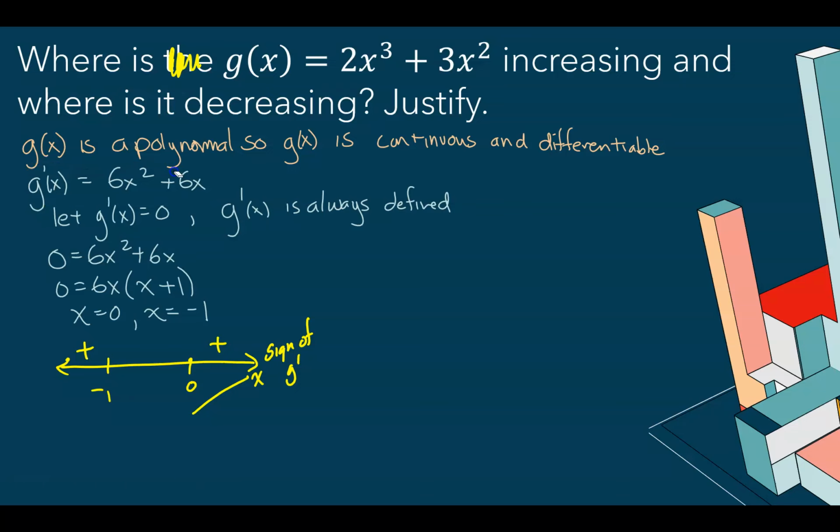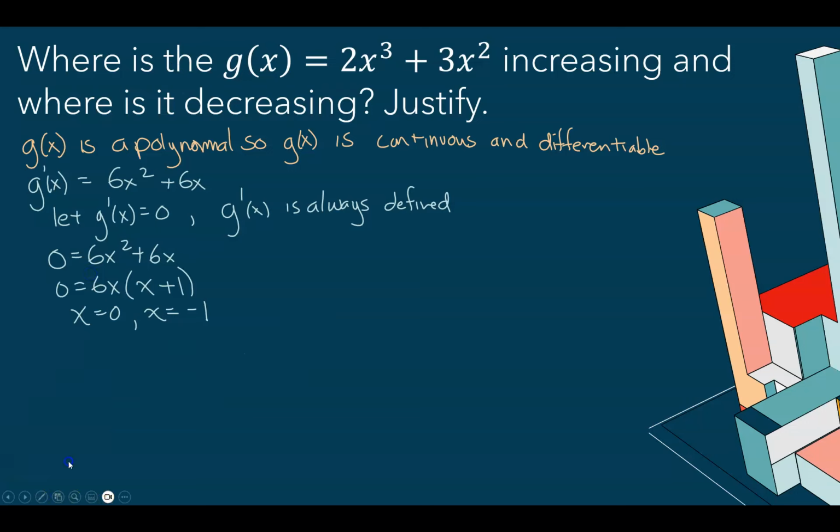Now, when I choose a number between negative 1 and 0, I guess negative 1/2, I'm thinking of this as g prime of x equals 6x times x plus 1. Because all we care about is the sign, 6 times negative 1/2 is negative, negative 1/2 plus 1 is positive, and a negative times a positive is negative. I think that's the best way to go.